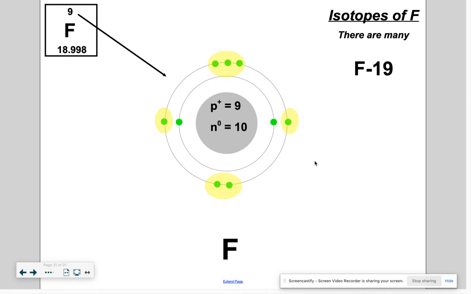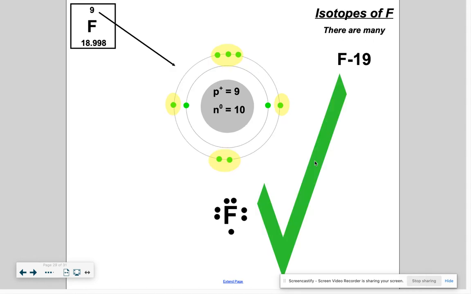So let's go ahead and build that Lewis dot diagram, starting from the right and moving counterclockwise. 1, 2, 3, 4, 5, 6, 7. Voila, you are done. You have the Bohr model complete, and you've made your Lewis dot diagram, and life is good, and you get yourself an A.